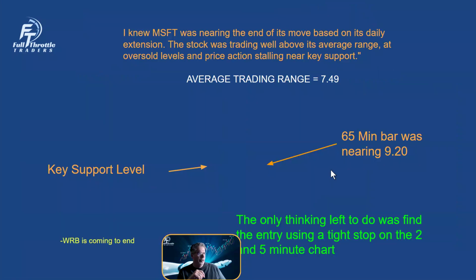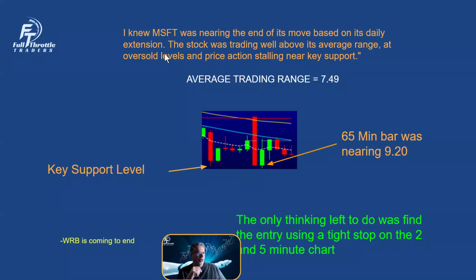Now, here's how we actually entered the trade. This is a 60-minute chart. I knew Microsoft was near the end of the move based on its daily extension. Every stock has what we call an average day range. We know those ranges are a little more, a little less. The average trading range as of today, November 21st, 2024, on Microsoft is $7.49.